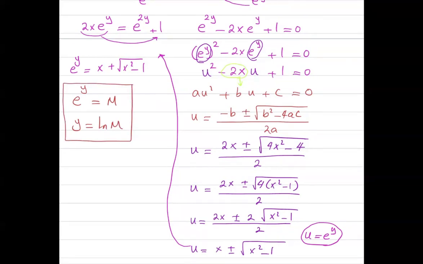If you take ln of both sides, y is equal to ln of x plus square root of x squared minus 1. So we just showed that if y is equal to inverse hyperbolic cosine of x, then y can be written as ln of x plus square root of x squared minus 1.